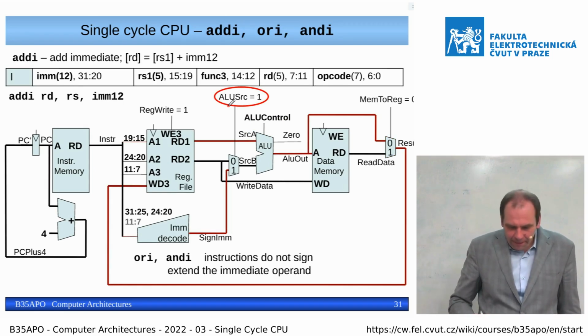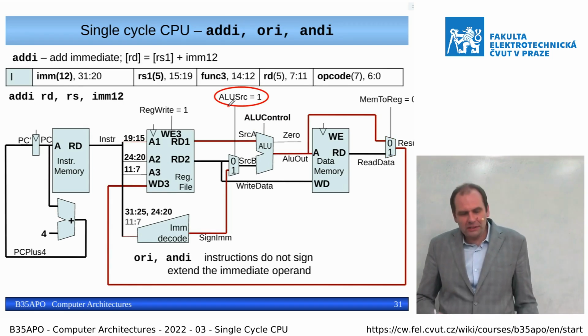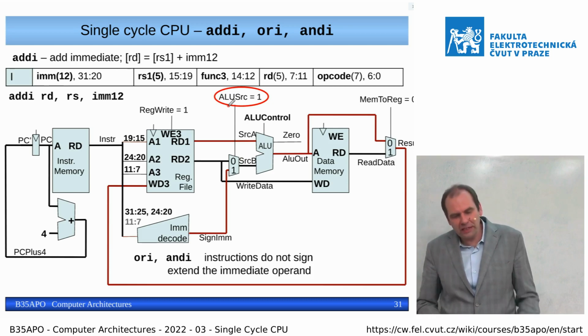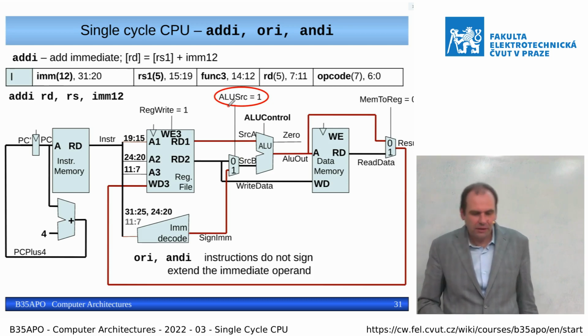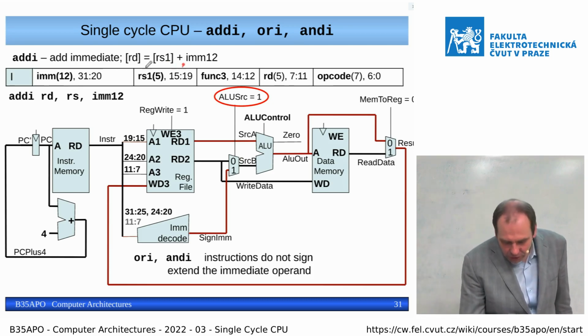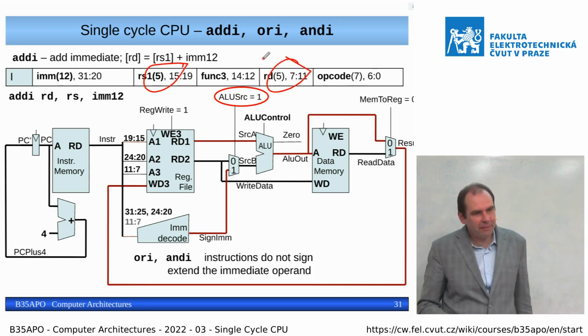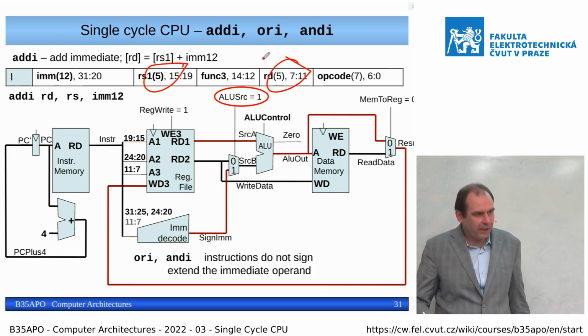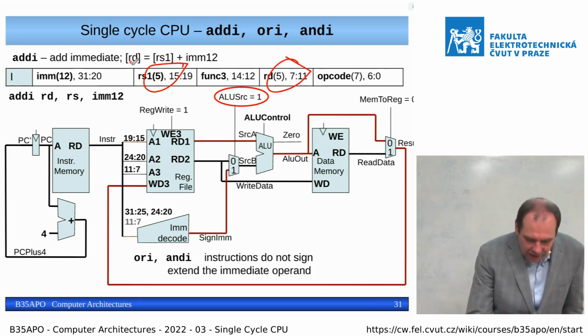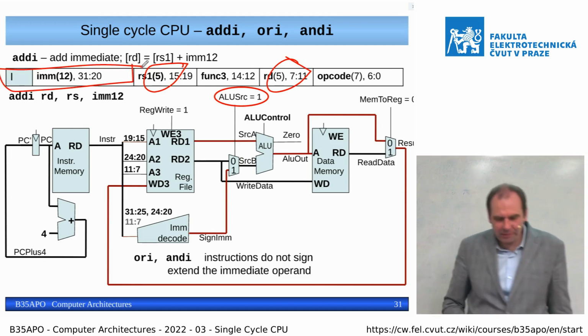Okay. And now we want to add the immediate operand to some register. Again, what we need? 1 source register, 1 destination register, but it is the same as it was for the load word operation. And we have there a space for 12-bit immediate data.